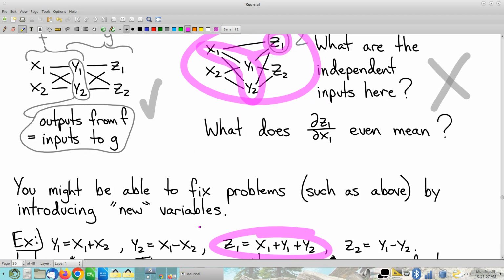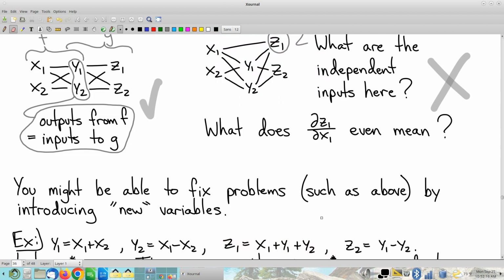Are those independent as they should be? No, they're not. y1 is a function of x1. Right, so I don't know what that is. I don't know what's going on. Okay, I think the way to deal with this is to fix the problem instead of trying to limp along with the problem. So it turns out this is actually pretty easy to fix.